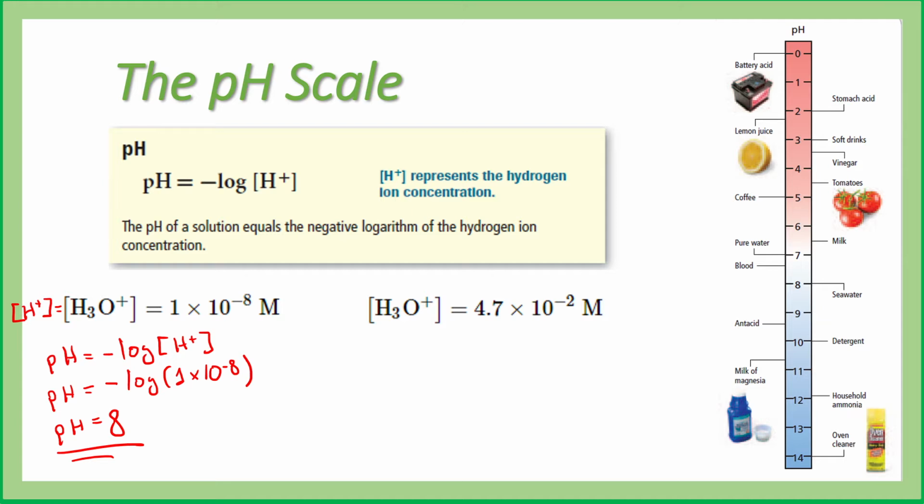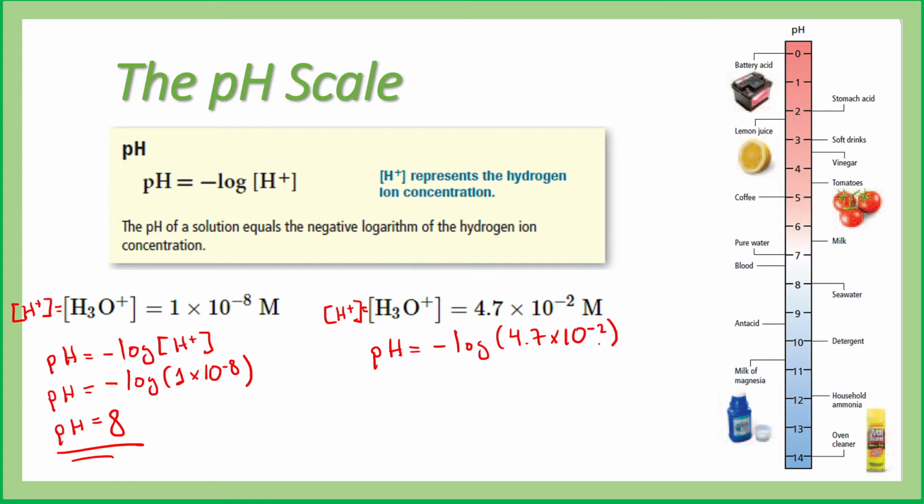Another example, the hydrogen or hydronium ion concentration equals 4.7 times 10 to the minus 2 molar. Remember again that these are equal. So the pH equals the negative logarithm of 4.7 times 10 to the minus 2.